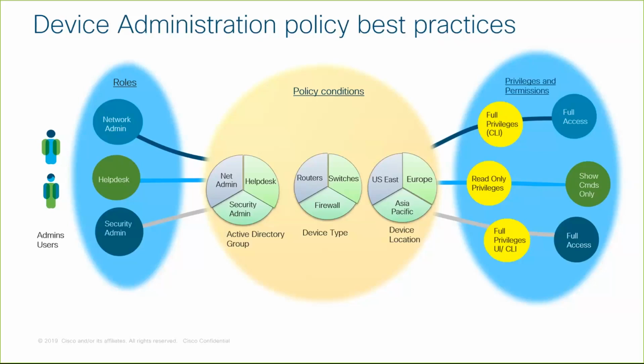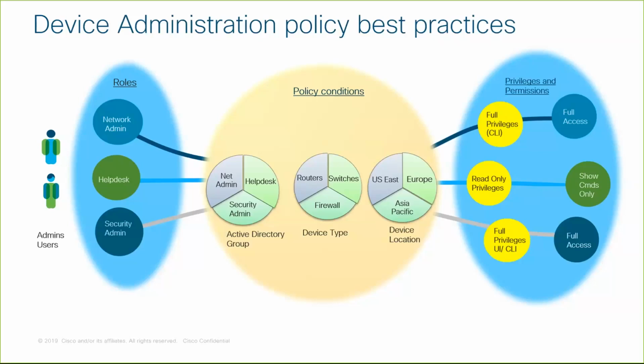And you can also group these network devices based on device location. For example, you have network admins who are in the US East Coast location, right, and who are router admins.